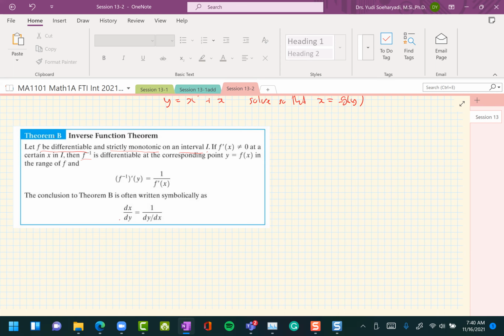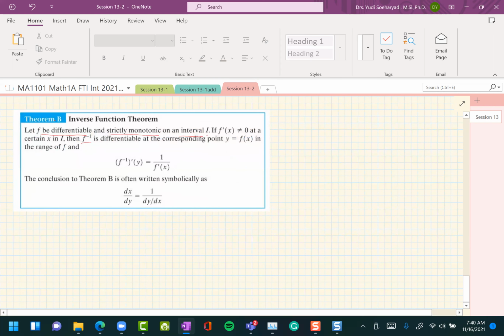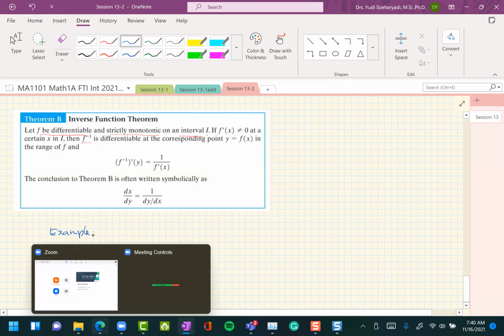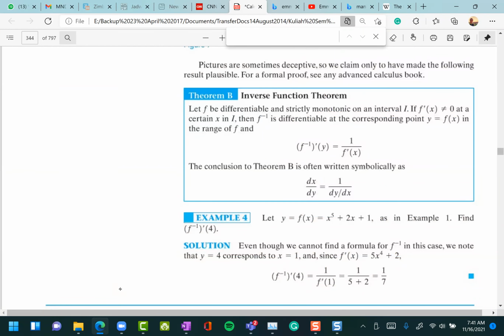All right, so let's compute that. We want to prove this. Let's take an example of this.